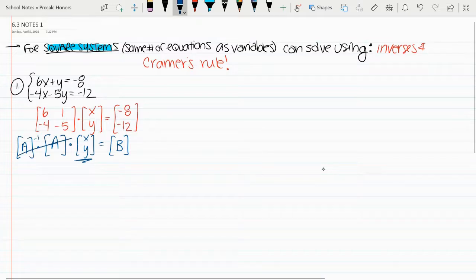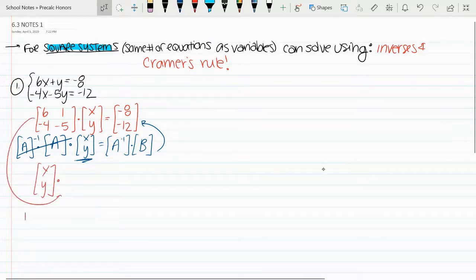Now, with matrix multiplication, the order absolutely matters. So since I'm multiplying on this side by A inverse times A, I need to keep that order the same over here. So this side needs to be A inverse times matrix B. So I'll rewrite down here x, y, and then we're going to find the inverse matrix.